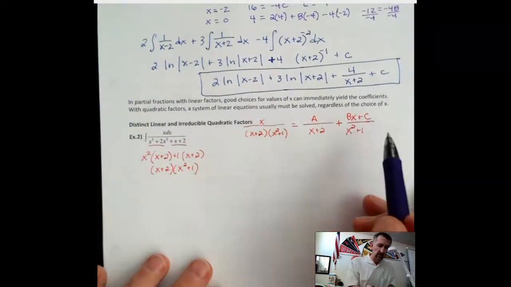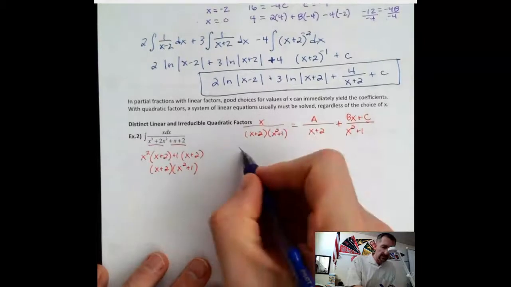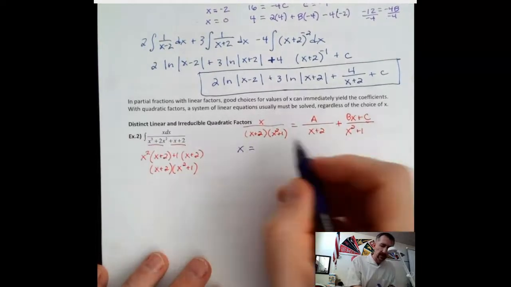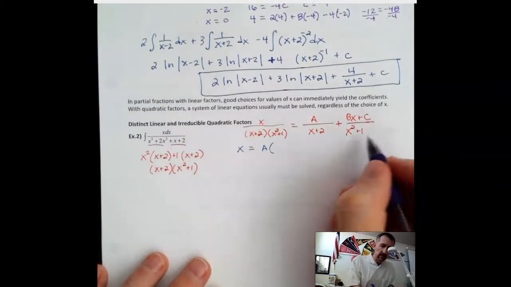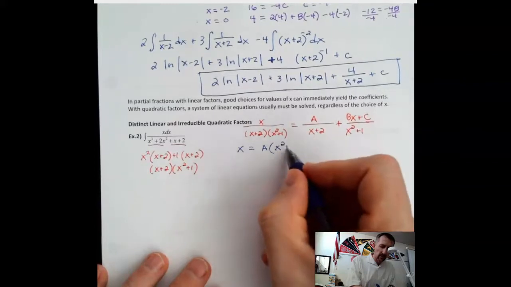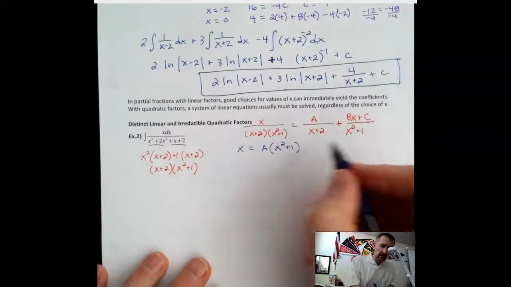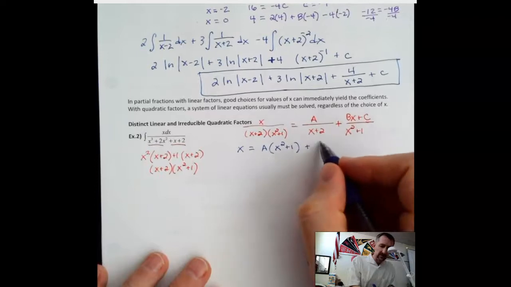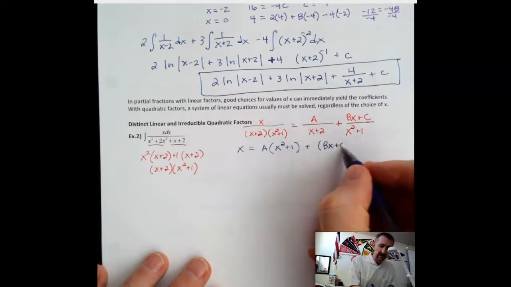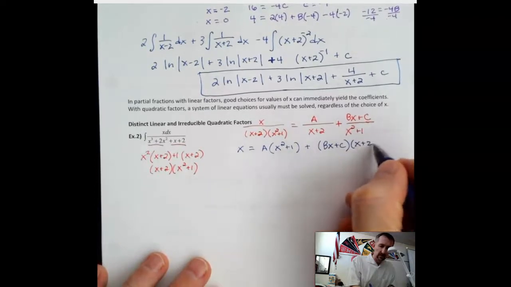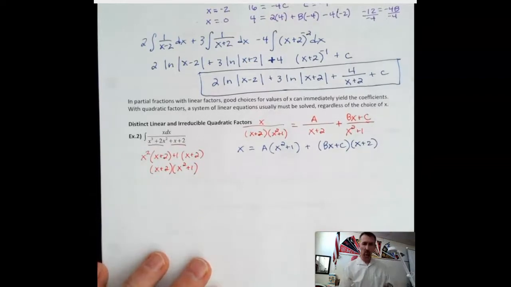So if we multiply this whole thing by the denominator, that's just going to give us an x right here. And we're going to have a times x squared plus 1, and then we're going to have bx plus c times x plus 2.